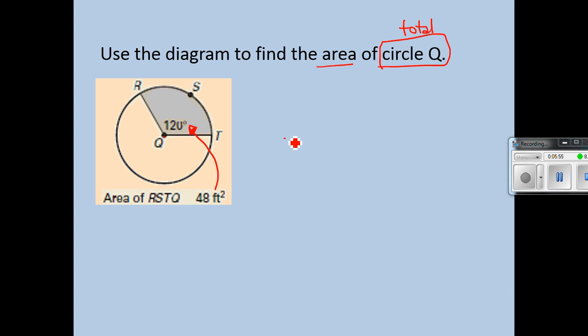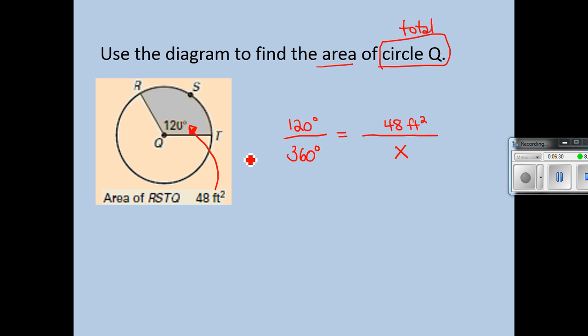So that changes how I'm going to set this up a little bit. So what we do know is that we have a sector that's 120 degrees over the total of 360. We also know that a sector or a piece of that pie is 48 feet squared, and we want to find the total area.